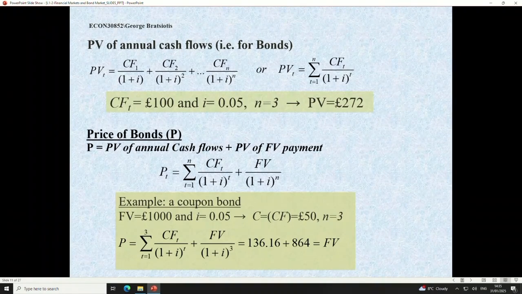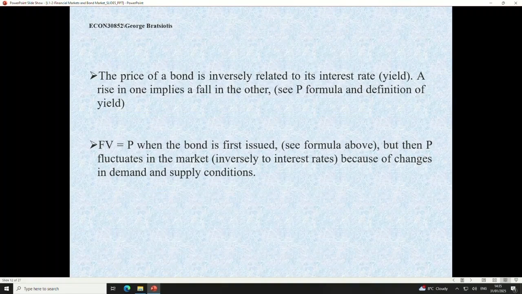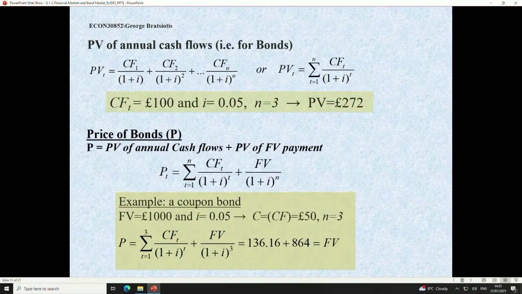Because I've realized that even you people who've done corporate finance are not very clear of what the yield to maturity is, and to our course it is fundamental. So the price of a bond is inversely related to interest rates. I hope you understand this, because everything we'll be doing comes from this, from the present value of a bond.